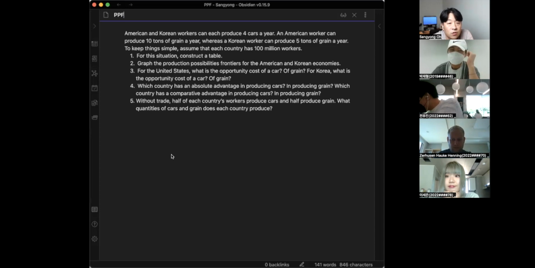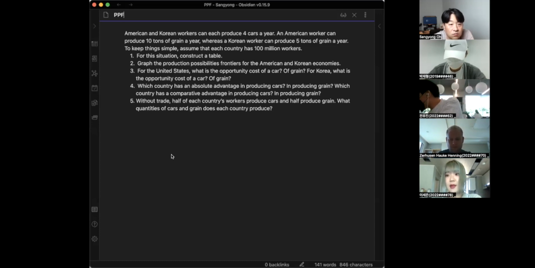Opportunity cost, as we learned in the PPF lecture, is the slope of the PPF. In other words, we can measure it as opportunity cost. It varies depending on whether you draw the x-axis or y-axis as cars or grain.